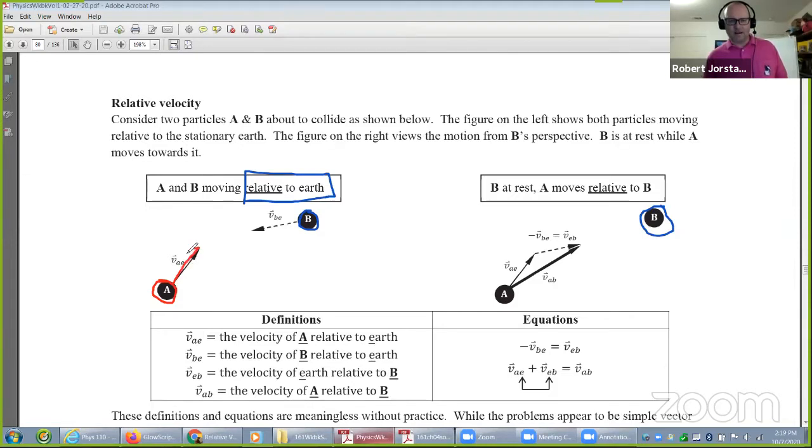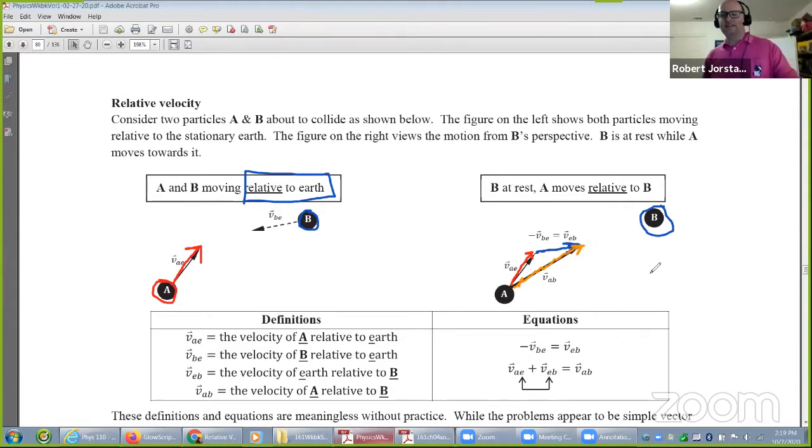This arrow right here is talking about the velocity of A relative to the Earth. When you factor in the fact that B is also moving and account for that motion in a way we're going to describe mathematically in a minute, we get this different velocity vector here. And this is the velocity of A relative to B.